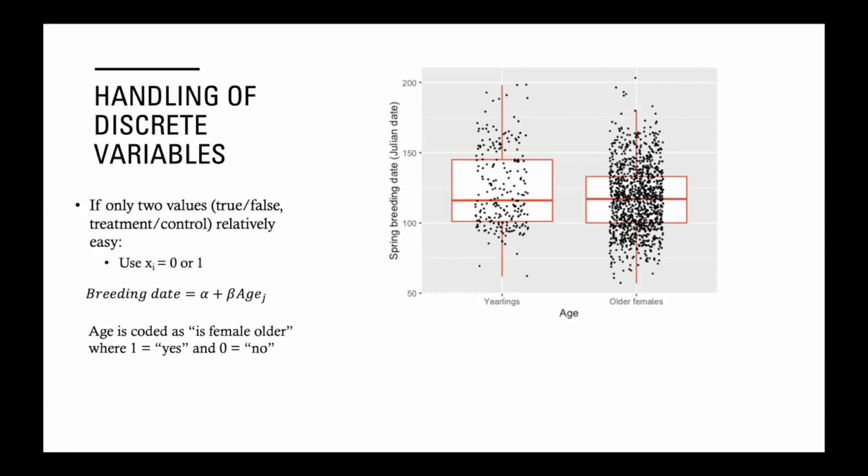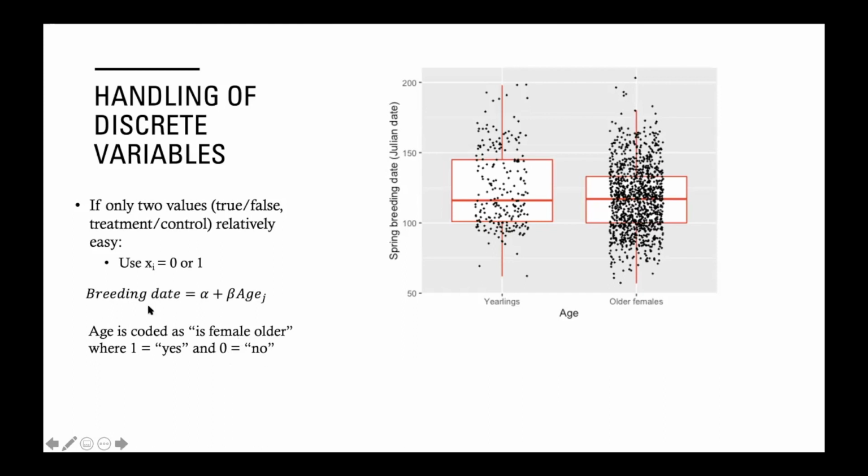So what we can do is to code age as representing whether or not a particular observation is for an older female or whether it's in fact for a yearling. So we can think of this age predictor as being a question that we have either a yes or a no answer to, where yes is coded as a 1 and no is coded as a 0.